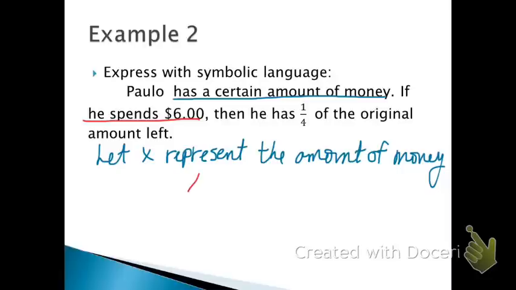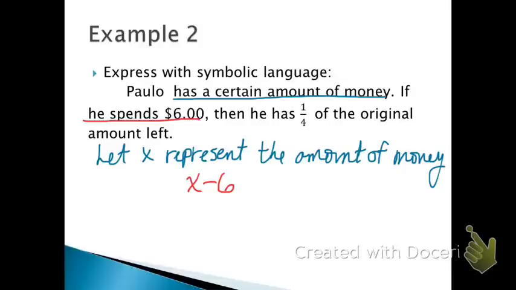I would write X minus 6. My original amount of money is X. He spends $6, so then he would have X minus $6. Okay, so let's keep reading. If he spends $6, then he has 1/4 of the original amount left.